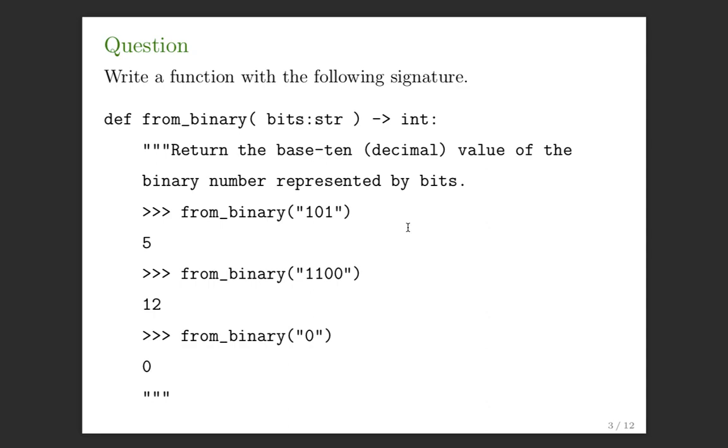So let me exchange the indices here. Let's make this d naught, and then dk, dk minus 1, dk minus 2. Okay? So we have dk times 10 to the power of k, and then dk minus 1 times 10 to the power of k minus 1, all the way down to d naught times 10 to the power of 0.